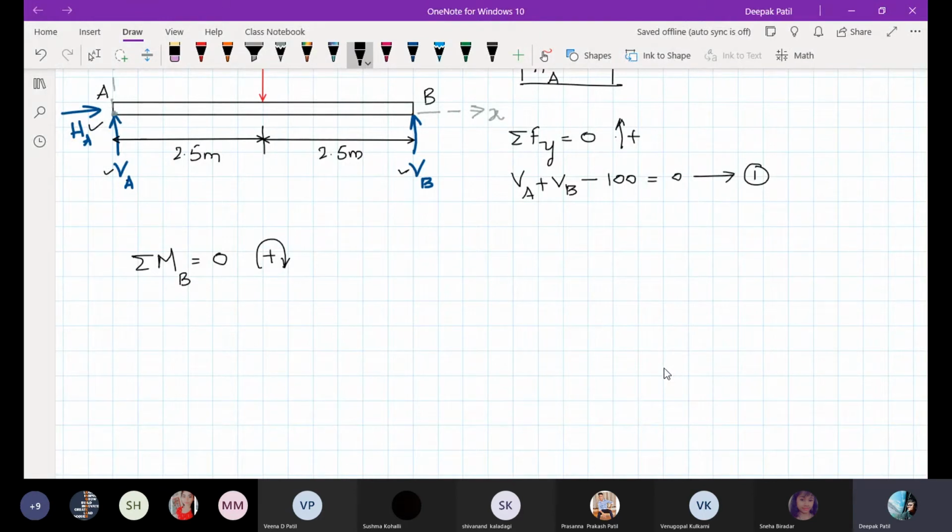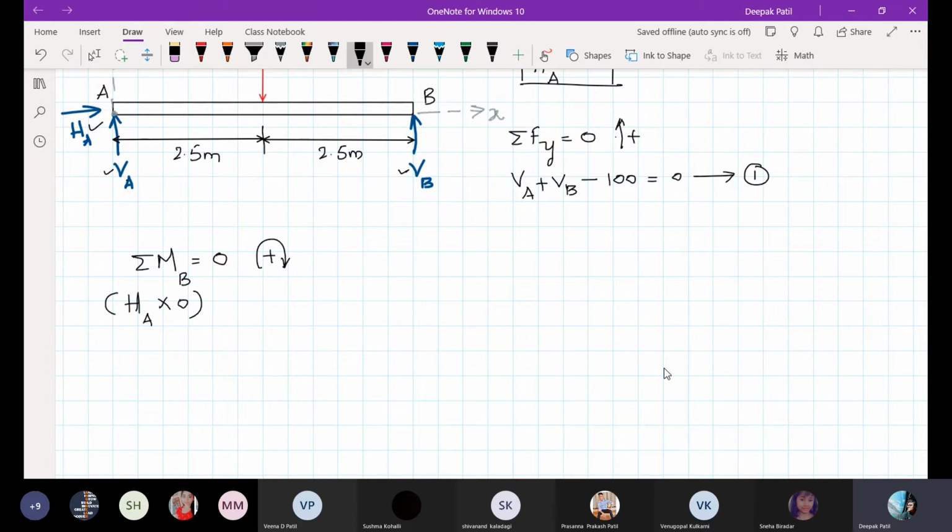So what is the moment of HA at B? If you see carefully, if you extend the line of action of HA, it passes through point B. Hence the perpendicular distance between HA and point B is 0. So HA times 0.